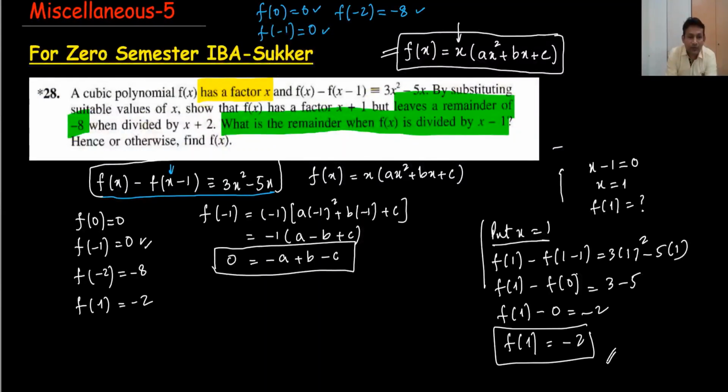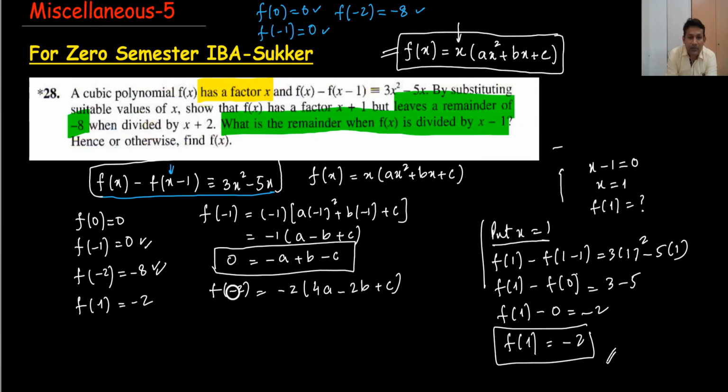Equation number 2 from this part. I will substitute now -2 in this original equation. When I substitute -2, I'm doing it a little bit directly. -2 squared is plus 4a, and -2 gives -2b, and plus c.